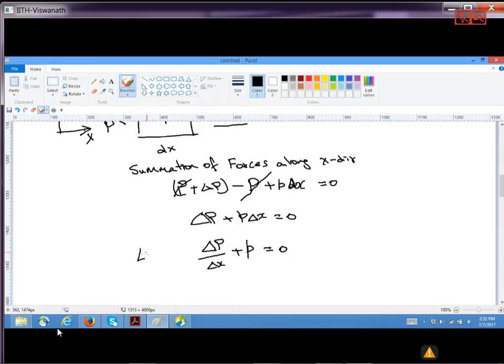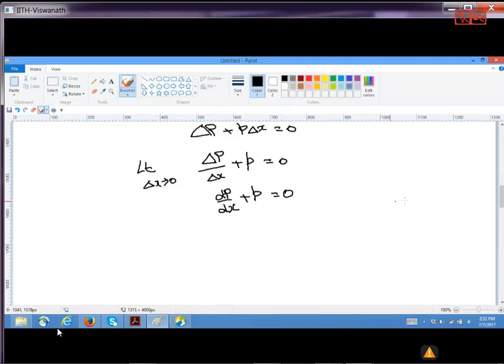In the limit delta x tends to 0, we can write it as dP by dx plus small p equals 0. This is our differential equation, also known as our equilibrium equation.